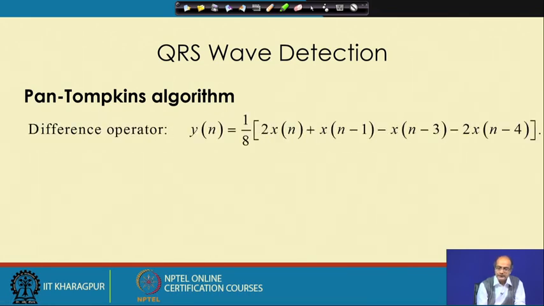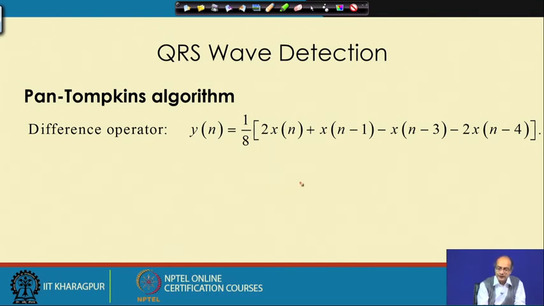Now, let us look at the corresponding difference operator. For the Pan-Tompkins algorithm, they have a little more elaborate difference operator, a weighted difference operator is taken. Some of the weights are 2, some of them are 1, and for averaging 1/8 is taken.